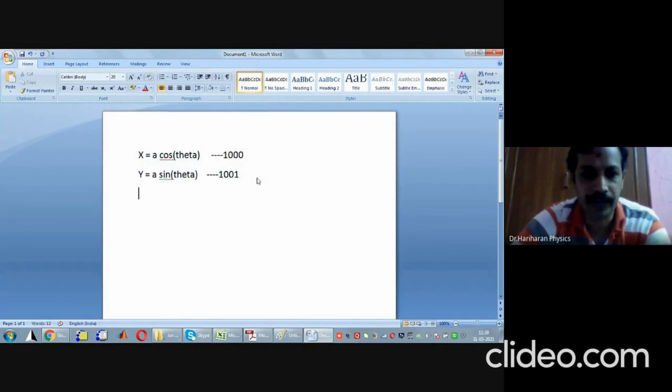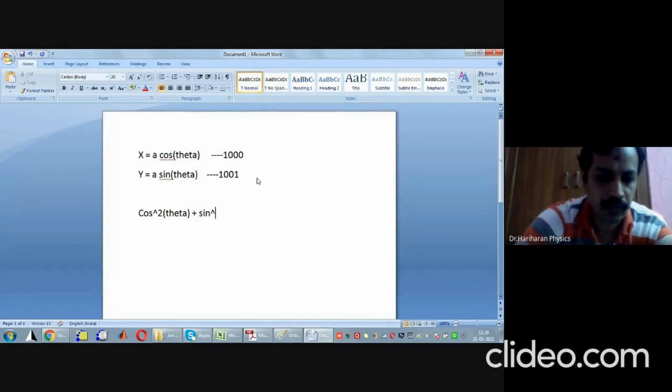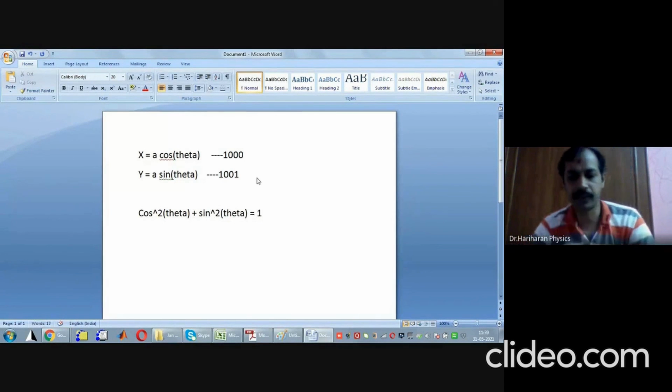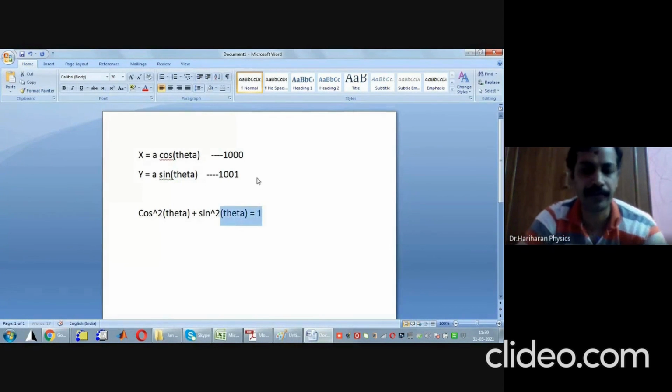What is that given by? Cos square theta plus sine square theta equal to 1.